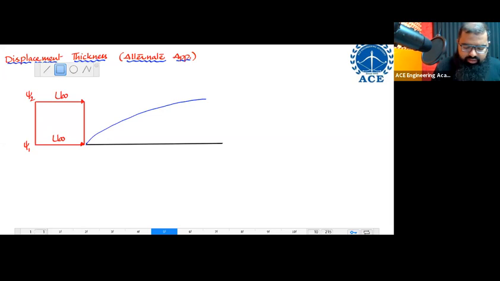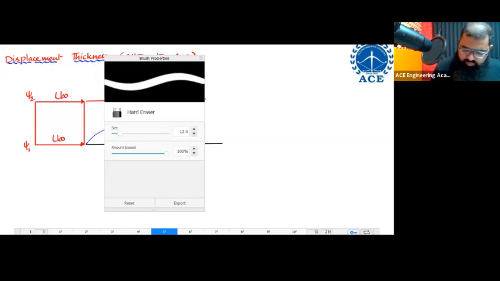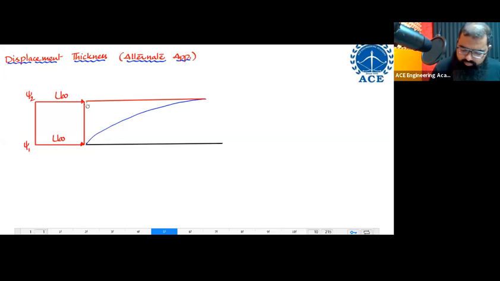Ideally, psi 2 wants to move something like this. The ideal path of psi 2 is something like this.